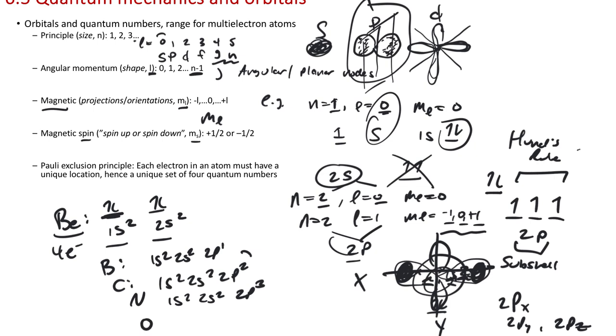If we continue across to oxygen, fluorine, neon: oxygen goes to 2p4, so we add another electron. Fluorine is 2p5, so we add another electron. And then at neon, we cap off that subshell.